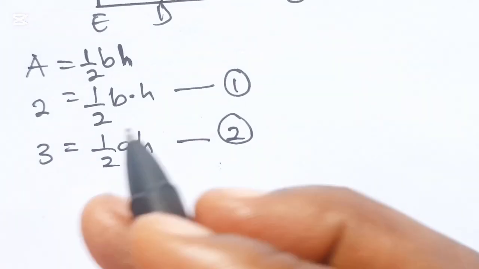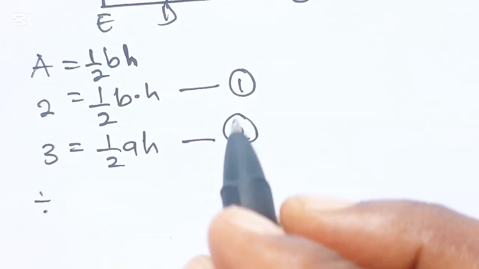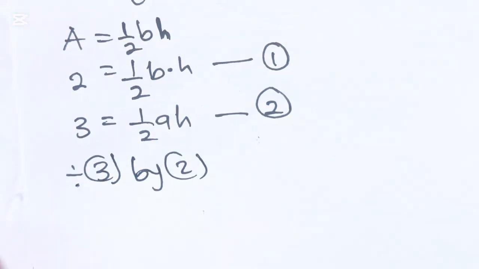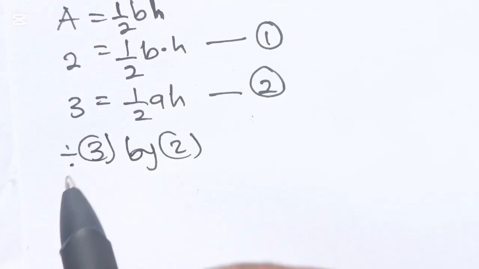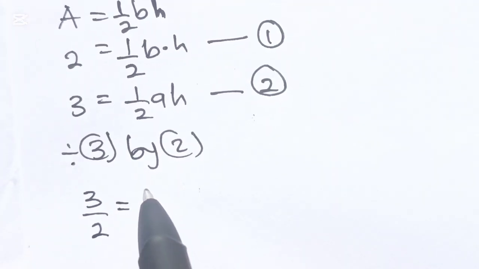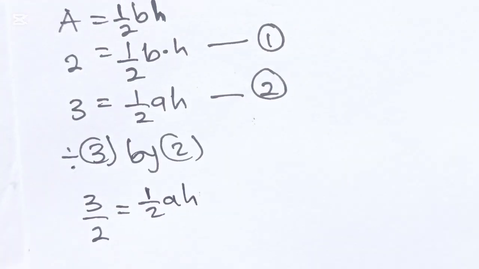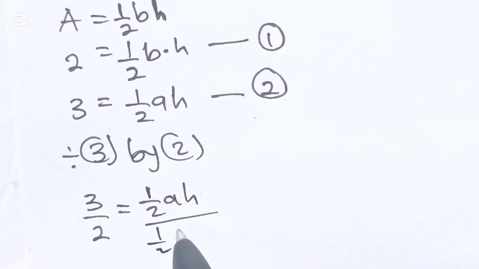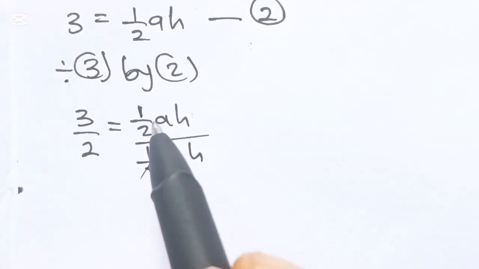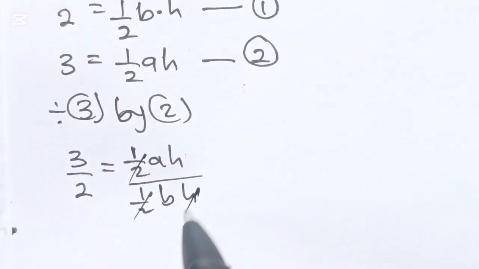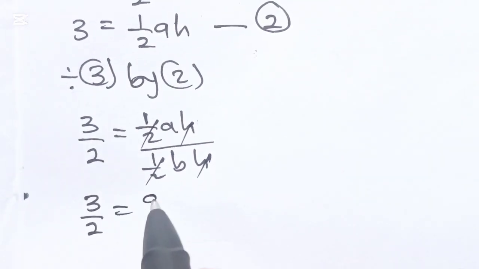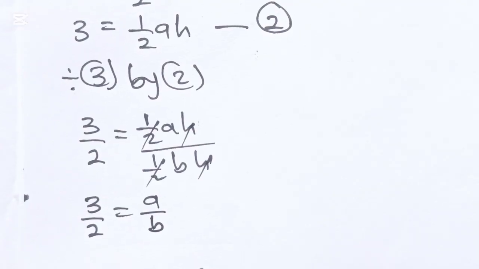Now let us divide equation 2 by equation 1. If we do that, we will have 3 divided by 2 is equal to half a times H divided by half b times H. So half will remove half, and H will remove H. So 3 over 2 is equal to a divided by b.